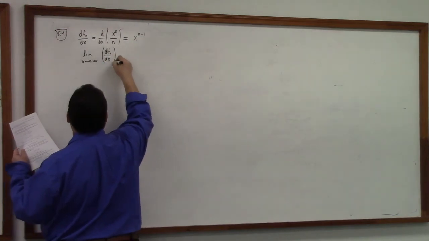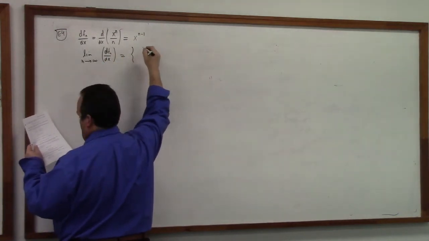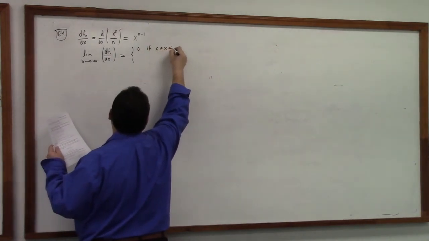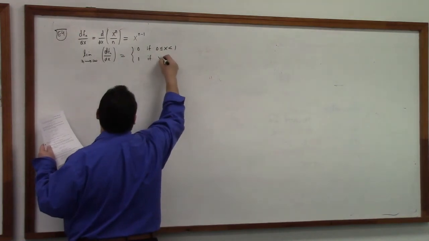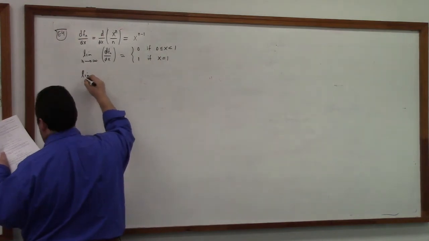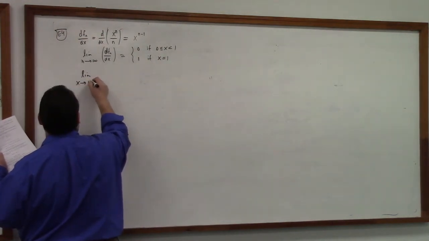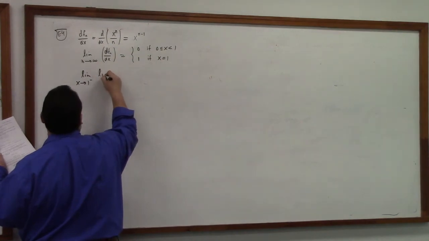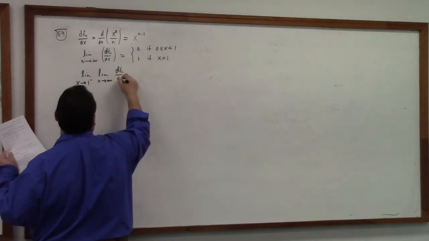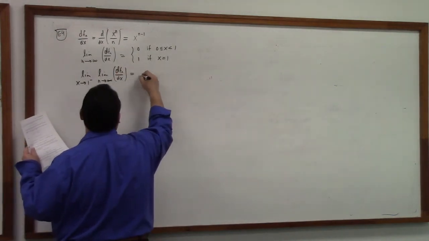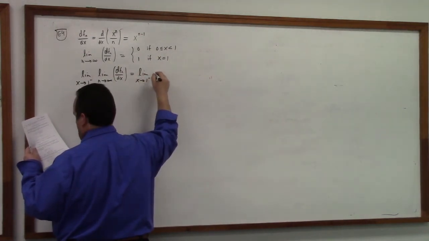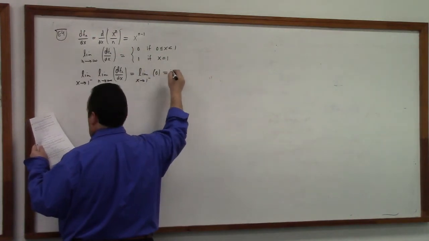And so the limit as n goes to infinity of d f_n dx is equal to 0 if 0 is less than or equal to x is less than 1, and it's equal to 1 if x is equal to 1. And so the limit as x goes to 1 from the left of the limit as n goes to infinity of d f_n dx is the limit as x goes to 1 from the left of 0, which is 0.